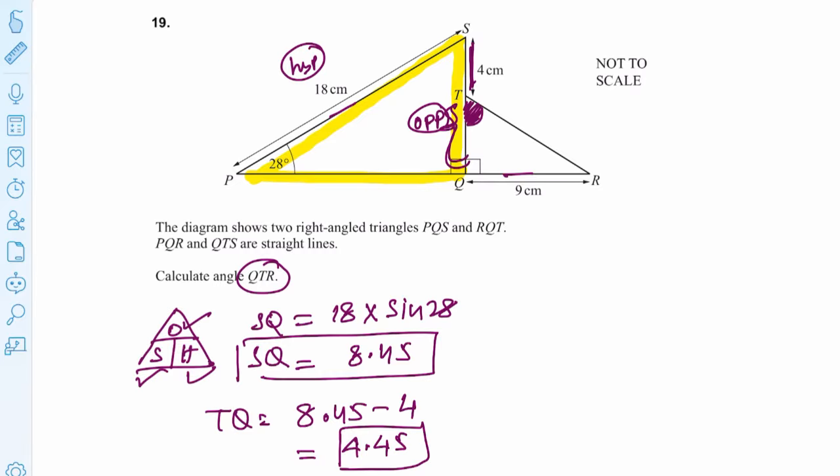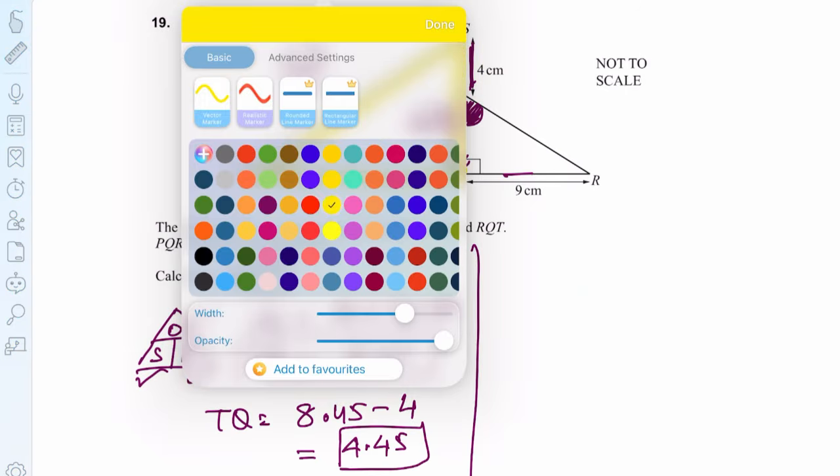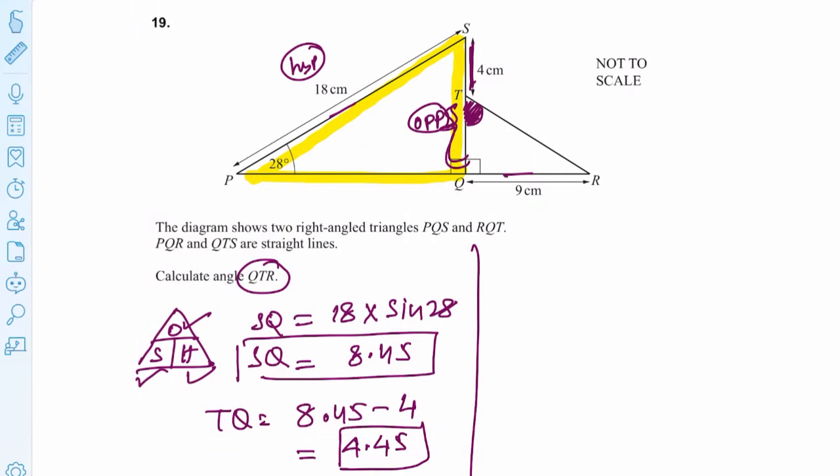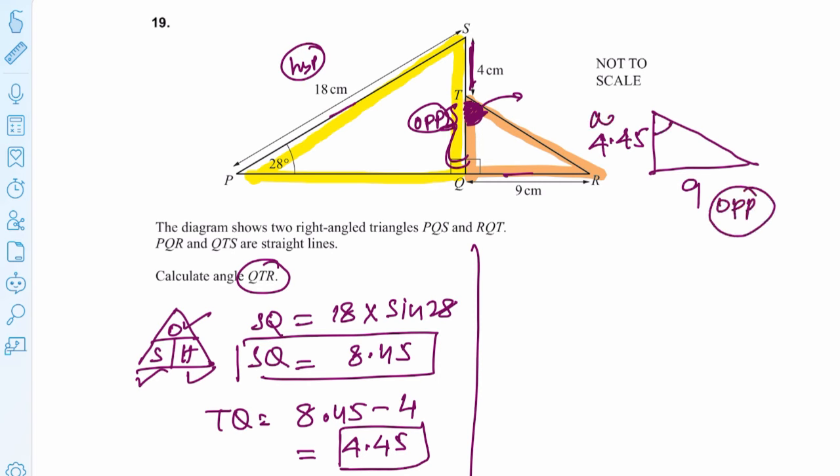Can you see this? Okay, next, if I talk about this triangle right now, and they're asking about this angle, right? So if I draw this triangle again, this is given 9, this one we have 4.45, and we need to find out this angle. So this will be known as opposite, this will be known as adjacent, and opposite adjacent deals with tan.